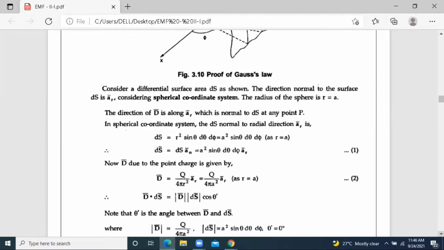From our earlier vector calculus, the differential surface area of the sphere is this, which is equal to this.